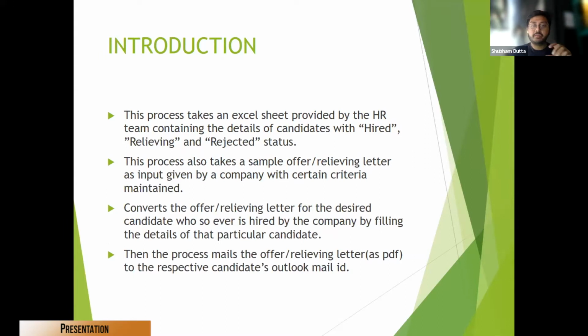There will be an Excel sheet which the HR team will provide, with the various details of the candidates with these three statuses. On the basis of the status, the dispatcher will send the items with relieving and hired status to the queue, and then the performer will take those items, create a relieving as well as an offer letter, and mail it to the candidates.